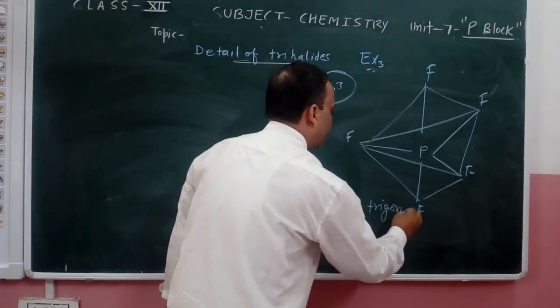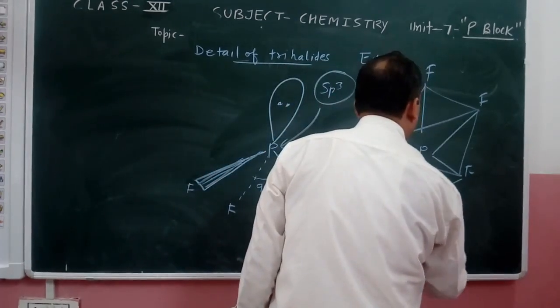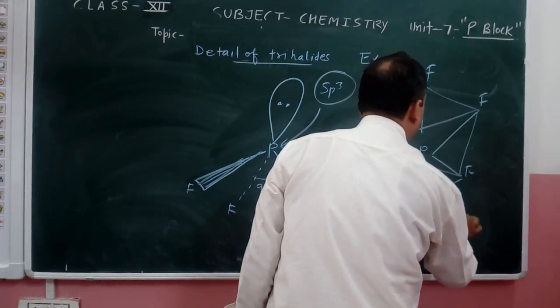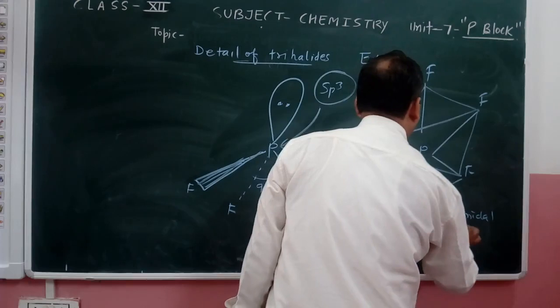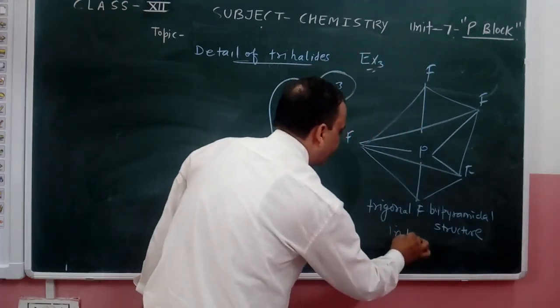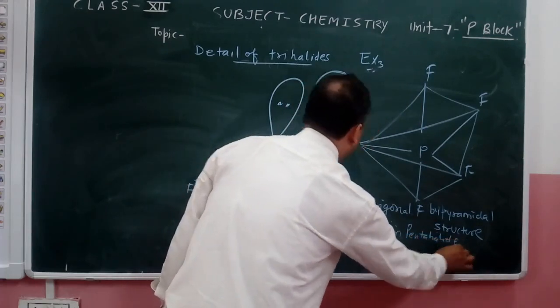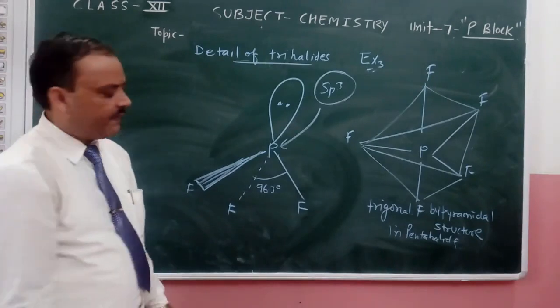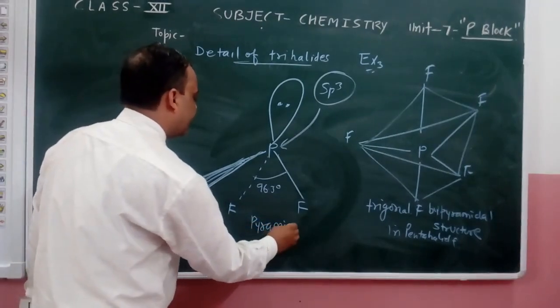Trigonal bipyramidal structure in pentahalides, but in trihalides they have a normal pyramidal structure.